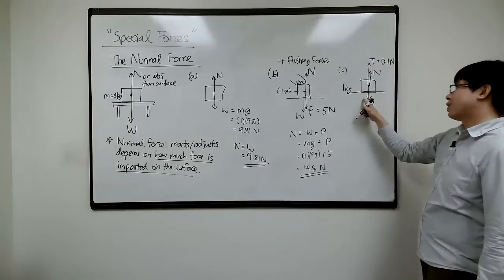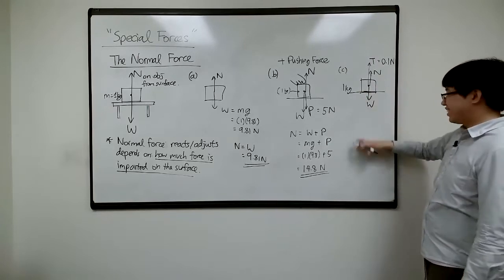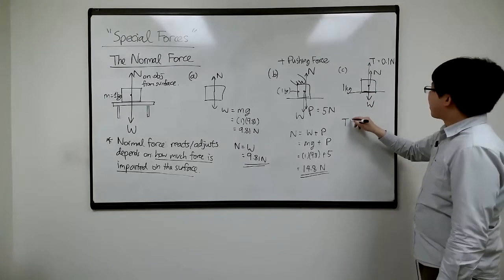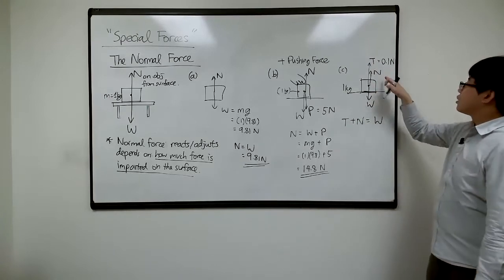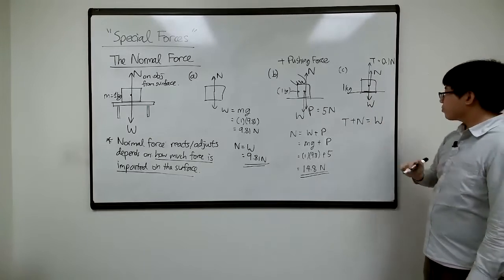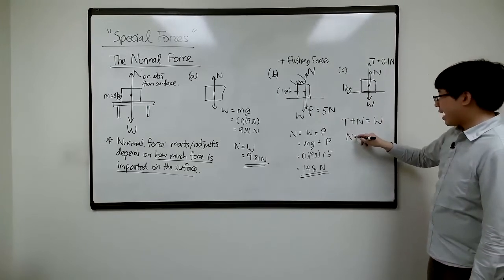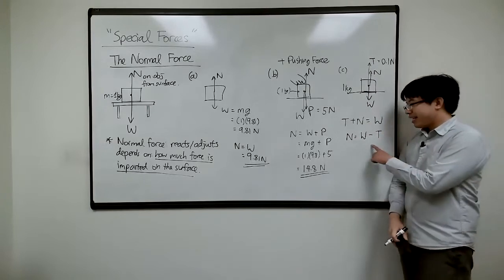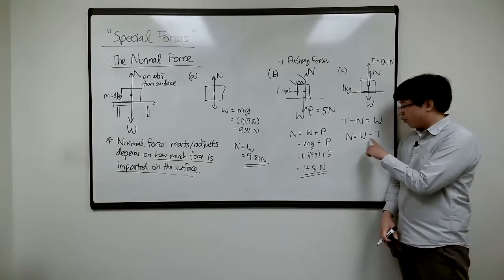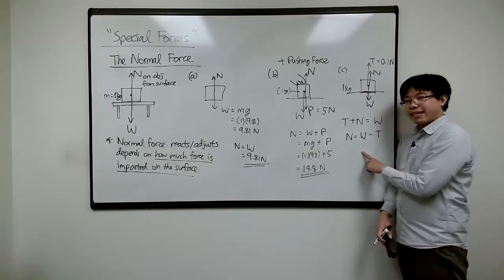I probably should draw a longer arrow for W, but I just want to save some space to write the equations over here. So these two should add up to this one. So N is W minus T, right? Immediately you'll see the normal force is already a little bit less than W.